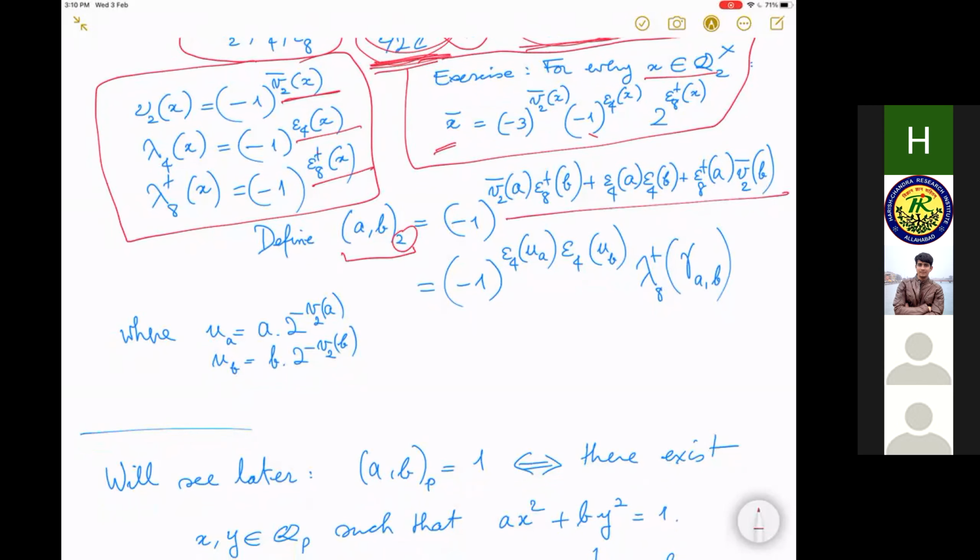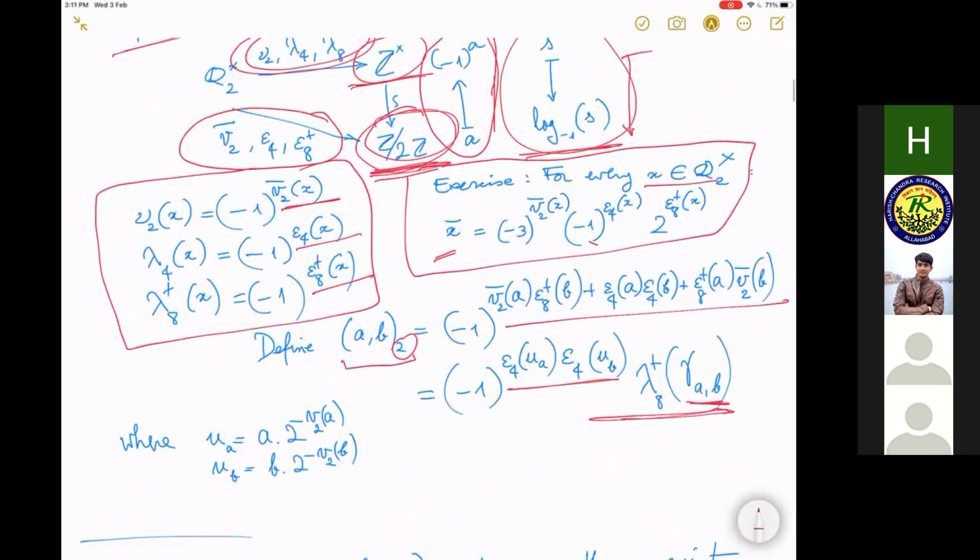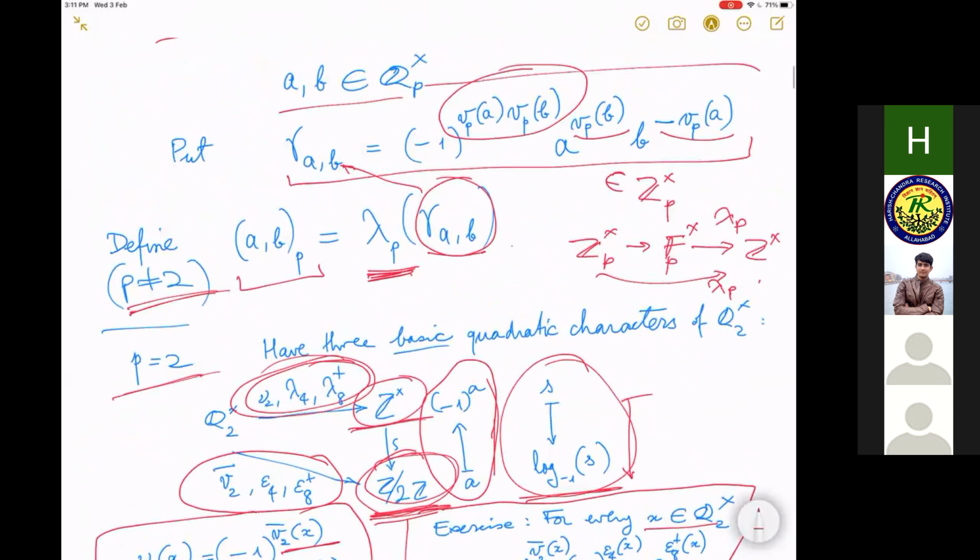Well, another way of writing it is that it's minus 1 to the power this here times epsilon lambda 8 plus of this gamma AB. Gamma AB was this element which we had defined here.